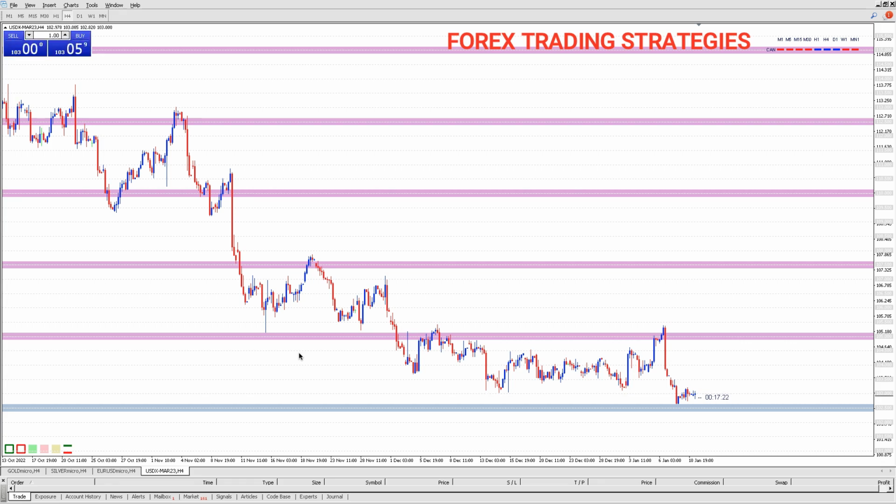What you want to do is find only one or two or three or maybe up to 5 pairs, because you want to understand how they move, why they move, what moves them, their characteristics, their moods, their behaviors. And it's hard to do that if you've got 20 pairs that you are looking at.